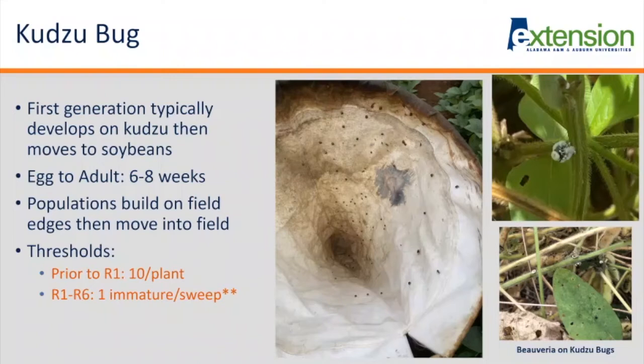So this Beauveria fungus will move in and does a pretty good job of cleaning up these kudzu bugs. So that's something, as Eddie talked about, our beneficials. This is certainly one of the things that helps us fight these guys. And it's pretty impressive when it moves in and takes hold. It can really take care of these kudzu bugs quick.